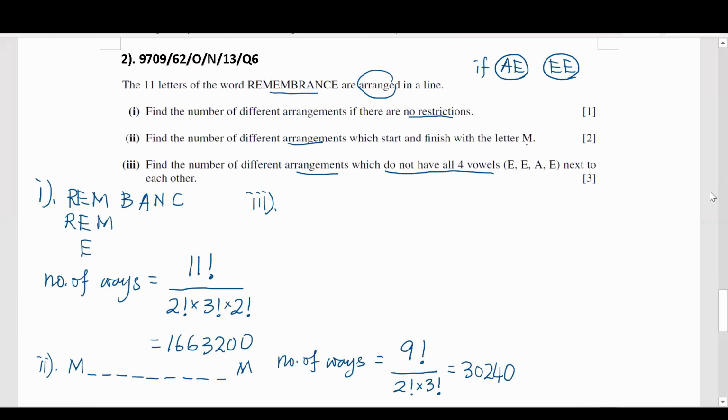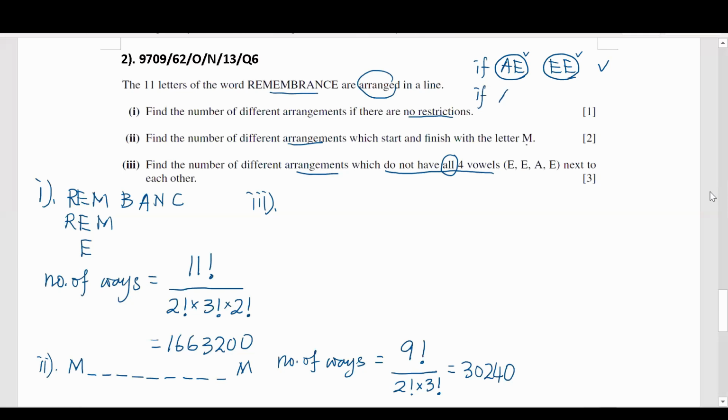Okay, read the question again. Different arrangements which do not have all 4 vowels next to each other. That means we want this number of ways that this arrangement of 2 vowels together and the other 2 vowels together, we want.